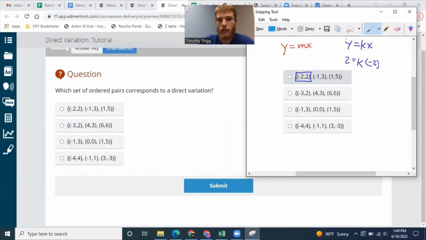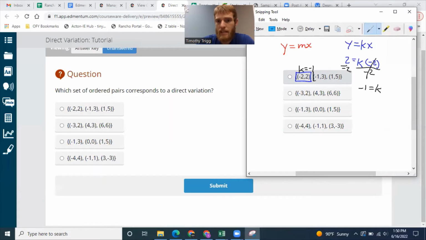Well, I could solve for k by dividing both sides by -2. This gives me that -1 is k. So for this one, the m or the k or the slope is -1. I don't know why they switch from m to k, but just keep in mind that that is the case and you will see it like this.